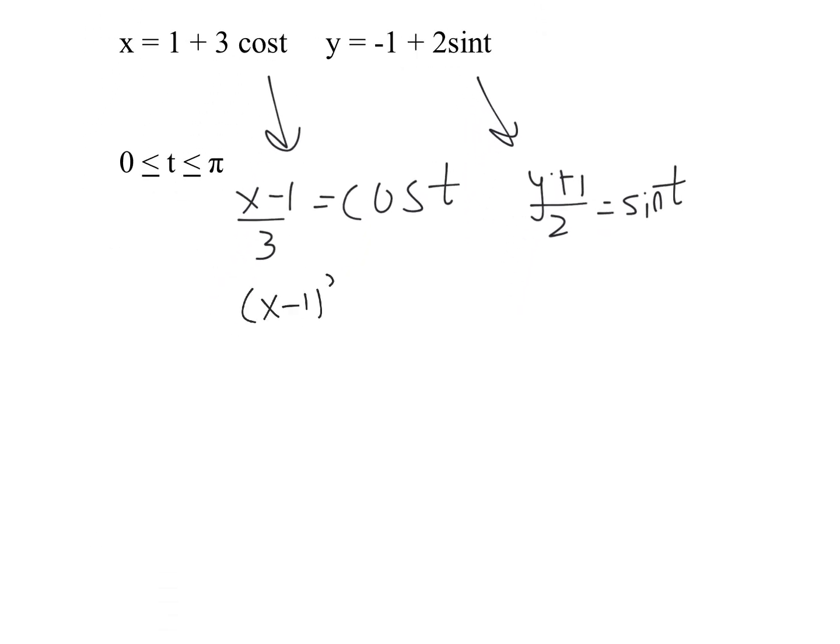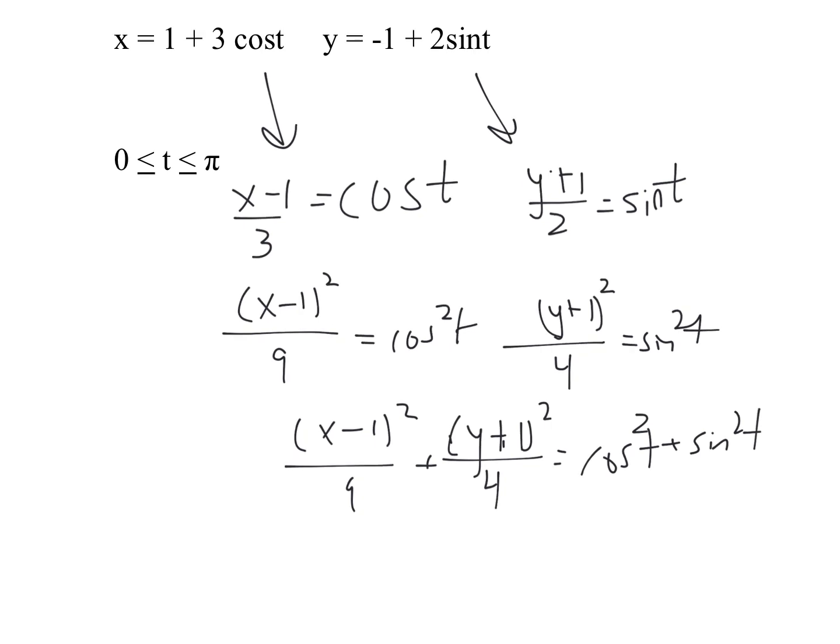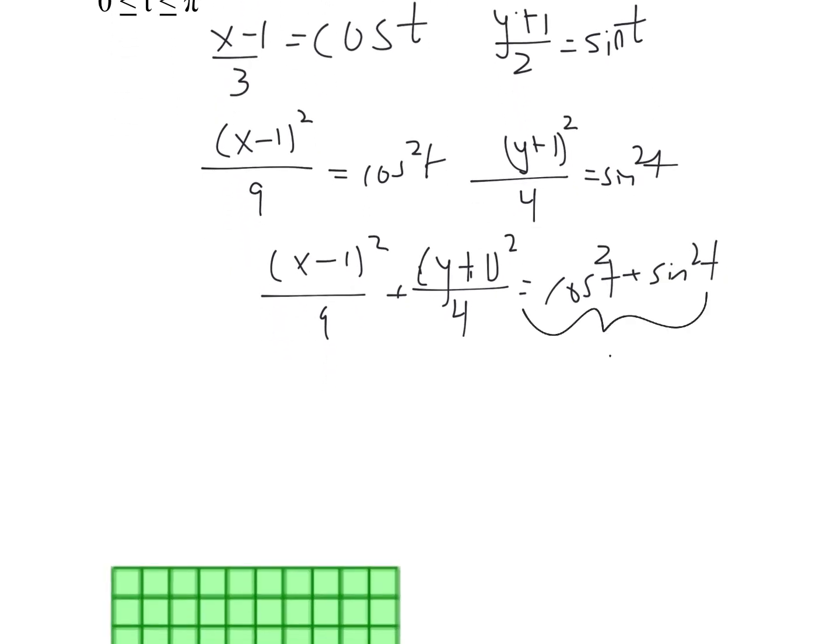I'm just going to square x minus 1, I'm going to square y plus 1, and I'm going to add the components together. So once I've added them together, I know this has to be equal to 1.